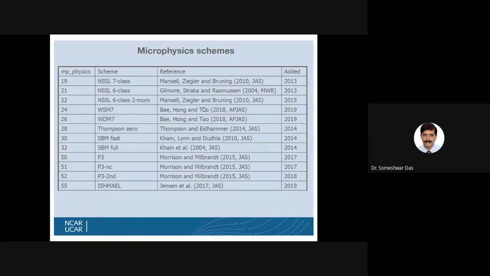Tao is the person at NASA. Hong is the person at Korea, basically, but worked for NCAR. Okay, Hong. So they tried to develop the WSM7 and WDM7 schemes. So to read the schemes in detail, you can read this paper. Okay. So those are the cloud microphysical parameterization options available in the model.